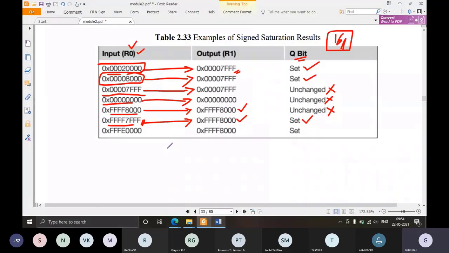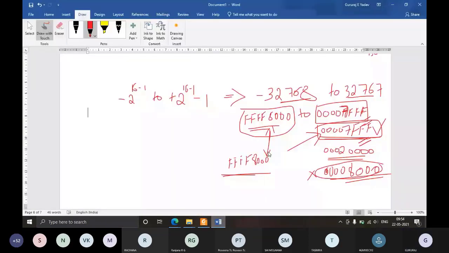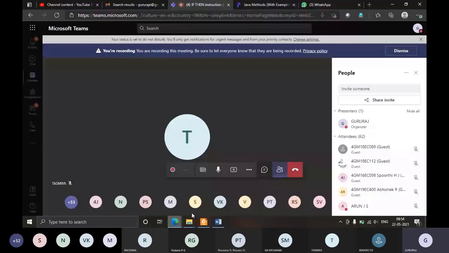So the next value that is given is FFFE followed by 4 zeros. Immediately you can see that this is a negative value. If you convert this to 2's complement and check, it is more than the maximum negative value that we can represent, that is FFFF 8000.